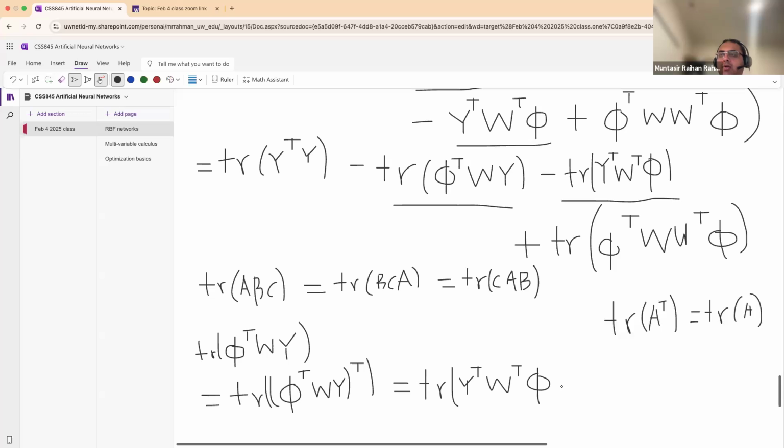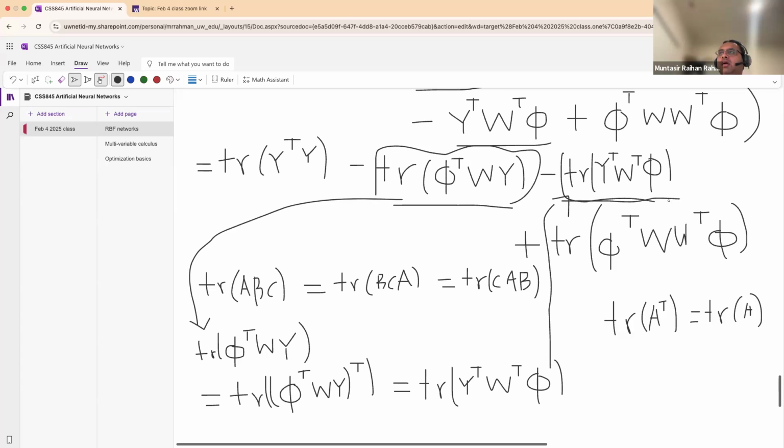And now look at this. We started with this term over here, and then we got exactly this same term over here. So that means this term and this term are equal. Okay, so far so good.